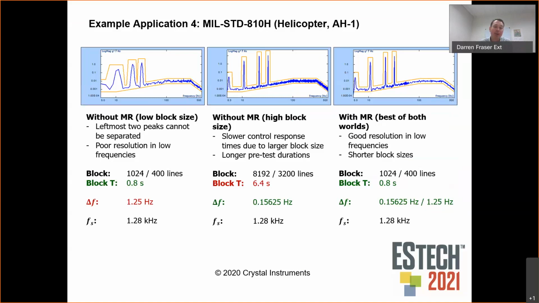Moving now to multi-resolution, where we get the best of both worlds, we can apply this spectral technique, and we can get good resolution in the low frequencies and shorter block sizes. So we can use that 1024 block size, we can achieve that 0.8-second loop time, and we can get the decreased delta F or increased frequency resolution at 0.15 hertz on the low end and 1.25 hertz respectively on the high end.